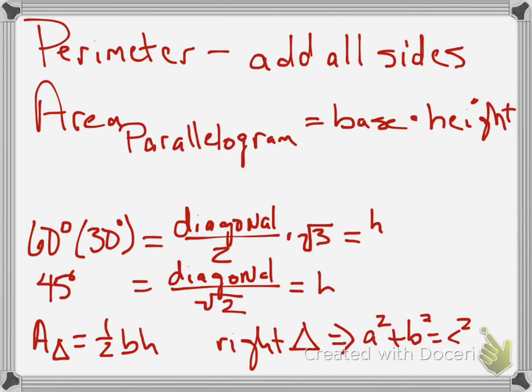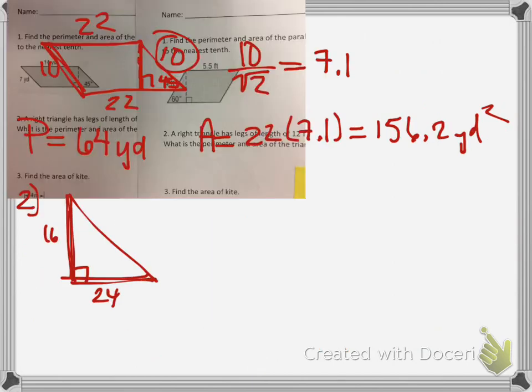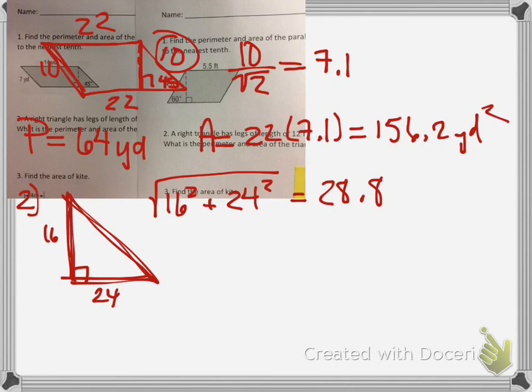So I can say 16 squared plus 24 squared. By the way, you could just take the square root of all that, and that will give you this missing side. So when you do that, you get 28.8.